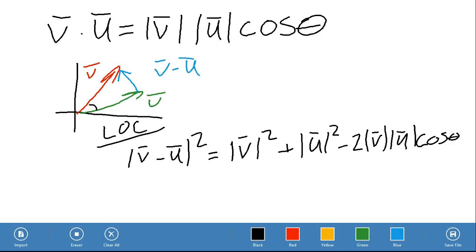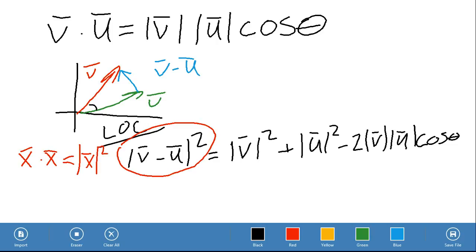Well, this is pretty helpful actually, this law of cosines. So what we can do now is look at this term here, using the property that I proved for you last time that says that any vector, so I'm just going to call the vector x, dotted with itself, is equal to the length of that vector squared.